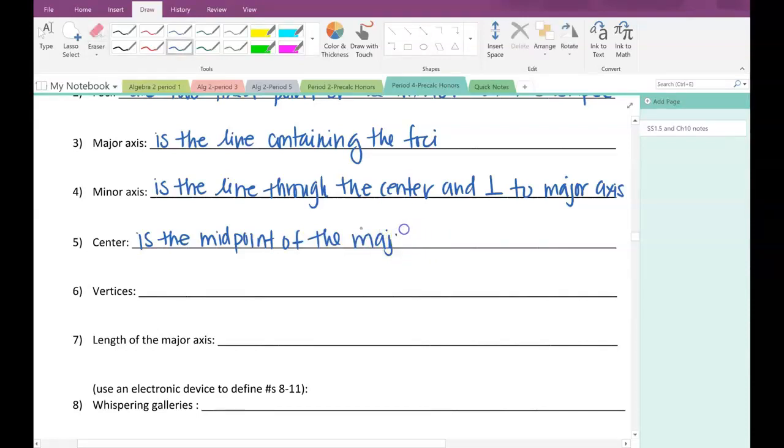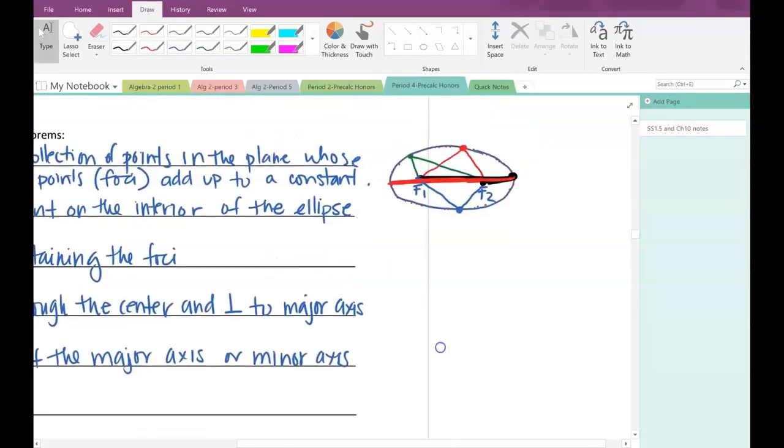Okay, so the minor axis, if we use the same picture, goes through the center and is perpendicular to the major axis. So here's the center right there. Okay.